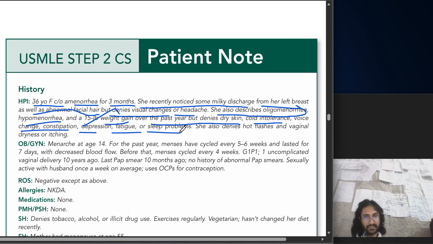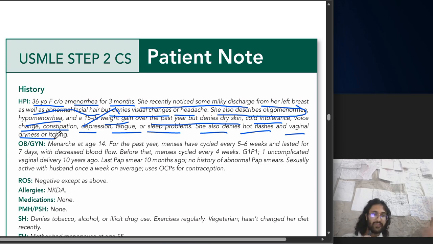Okay, she's denying all this. She also denies hot flashes or any kind of vaginal dryness or itching. So there's no problem in vaginal outflow. Okay, so there's no fever, there is no any kind of infection. Okay, that we would get when we are going to do the urine test, right? In the urine test we would find what all stuff can be there.